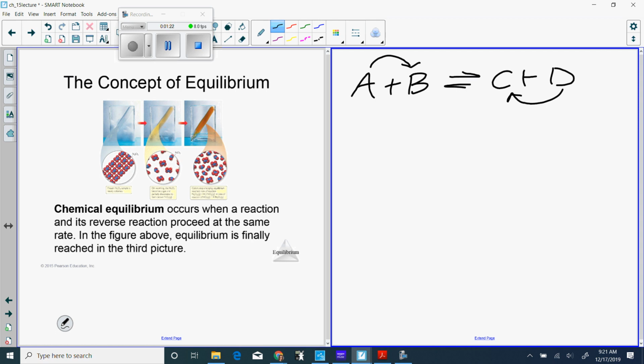Nothing. There would be no reason that C couldn't run back into D with enough energy to overcome activation energy in the right orientation, and it would turn right back into A plus B.